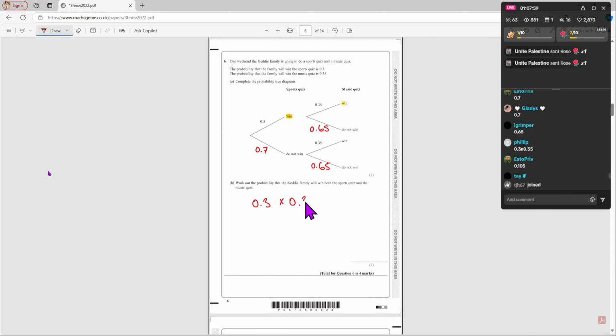So you multiply these two probabilities together and you would get, I'm going to write it as a fraction, 21 over 200. You can write it as a decimal as well, but I'm going to write it as a fraction. 21 over 200, and that will be your answer. You can write the decimal equivalents as well.